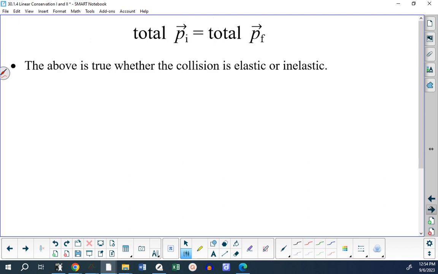This is an interesting point. Momentum can be conserved in elastic collisions and in inelastic collisions, because it's not the type of collision that determines whether this is true. It's the system in which it occurs. So that's a little bit tricky.